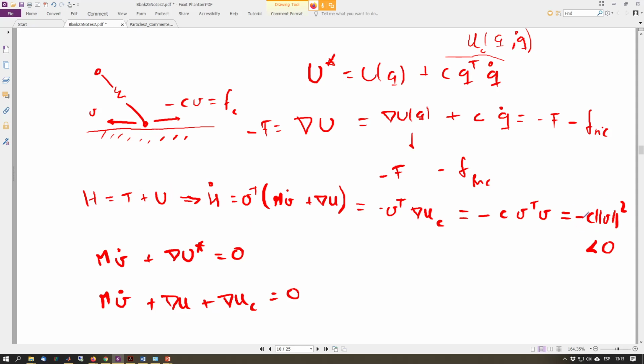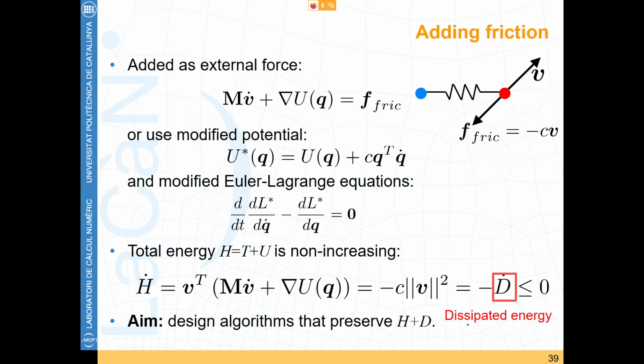We call this the dissipated energy, or minus D dot. Energy always decreases, and the dissipated energy is always positive. The dissipated energy is D dot itself, which is always going to be positive. So what is not preserved is h, but it's h plus D. If we write h plus D equal to 0, then it should be preserved.